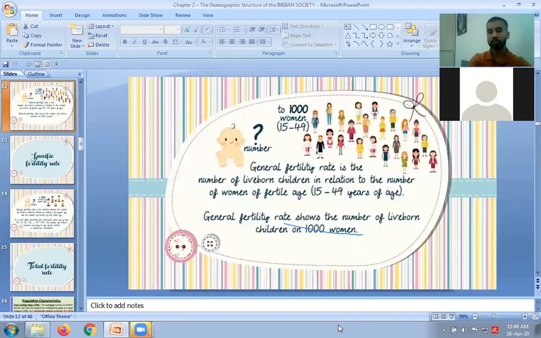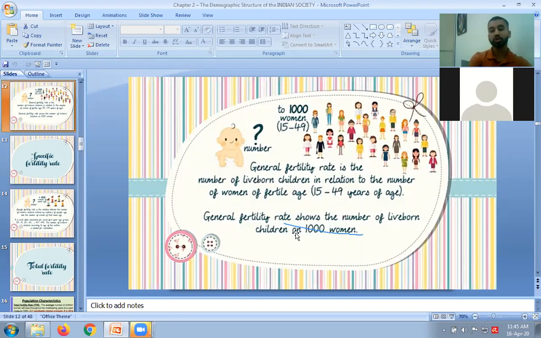So look at that. General fertility rate is the number of live born children in relation to the number of women of fertile age. Remember that here we are considering women aged 15 to 49. All women who belong to this age group are the ones we consider in this 1,000 women ratio.